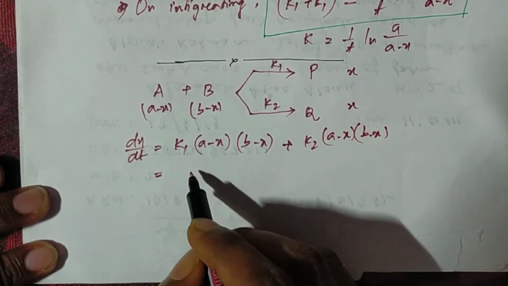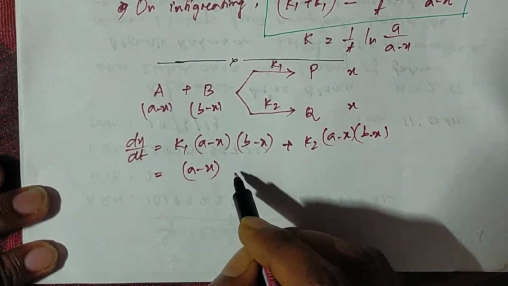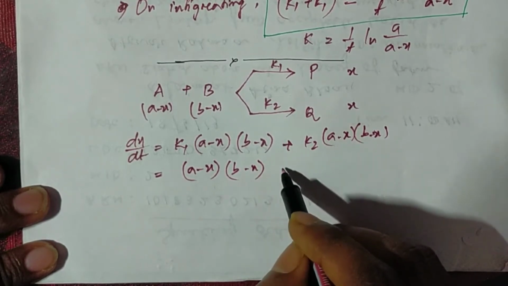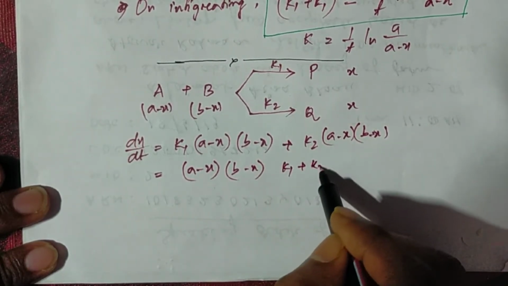Next we can write (a minus x)(b minus x)(K1 plus K2).